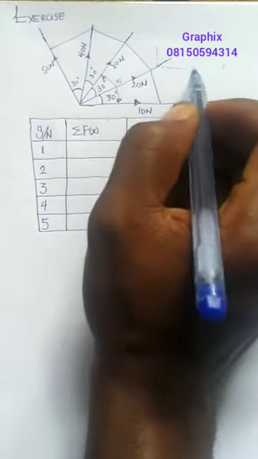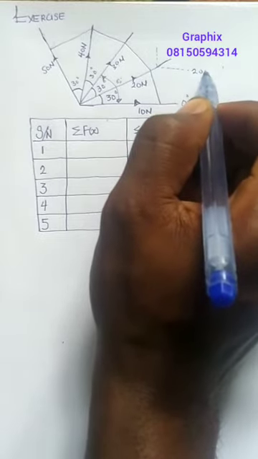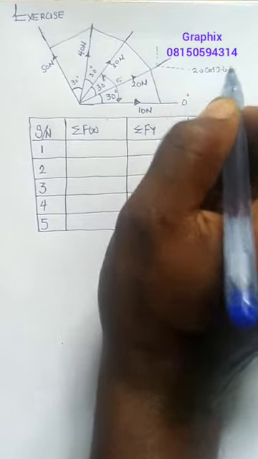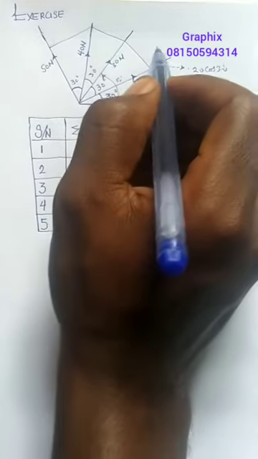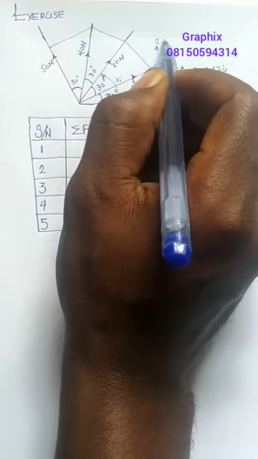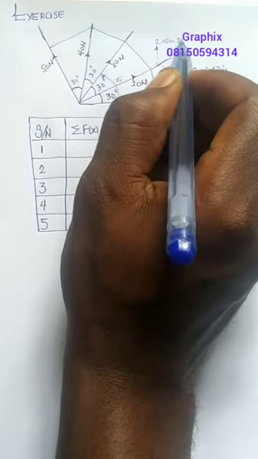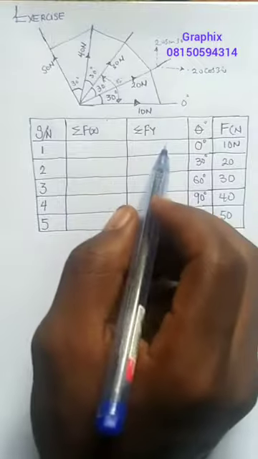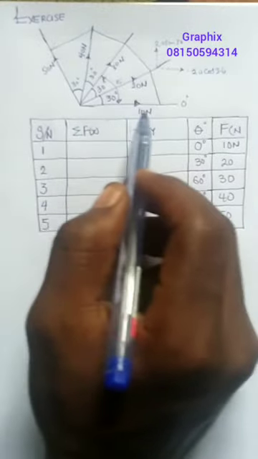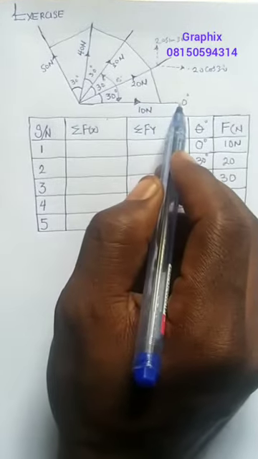So, this will be 20 cos 30, because it's to the horizontal, and this will be 20 sine 30. That's for the second force. For the first force, we only have 10 Newton to the horizontal.